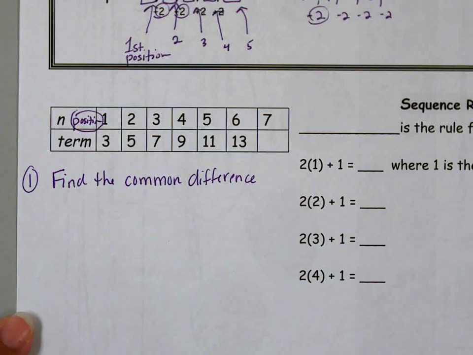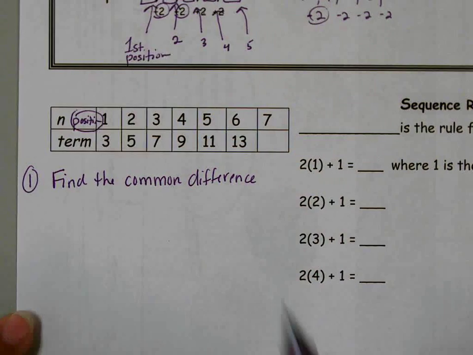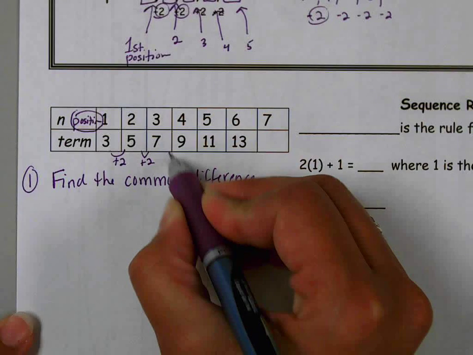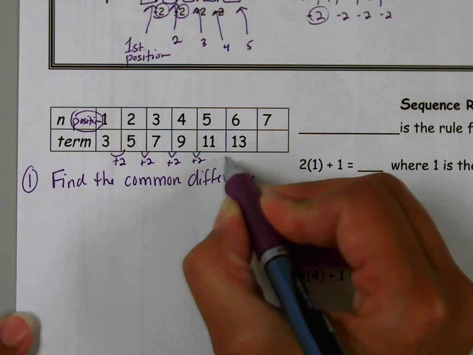The first thing you're going to do is find the common difference. So here I'm adding 2 every single time.